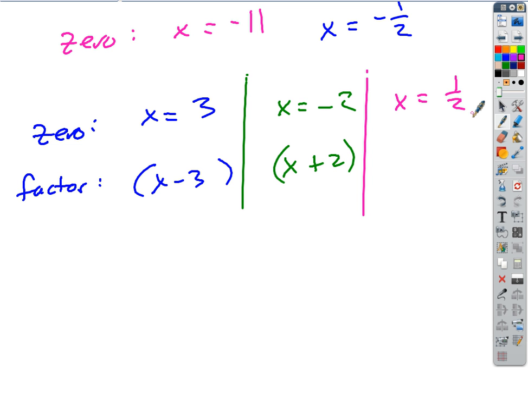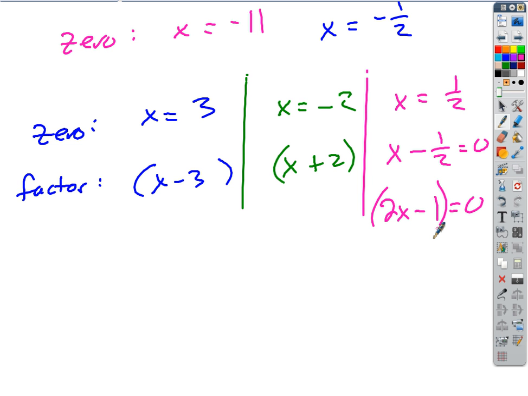Yeah, it's x minus 1/2, but if I want to clear the fractions, if I multiply both sides by 2, multiplying 0 by 2 doesn't change it, does it? I get 2x minus 1 equals 0. So there's the factor. But we're not even going to do that in this chapter, so that's not even important. If you can do this, you got it.